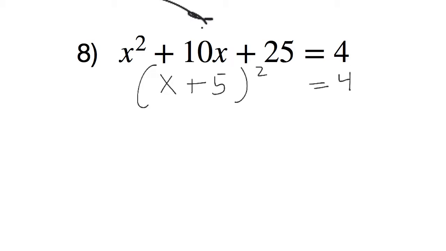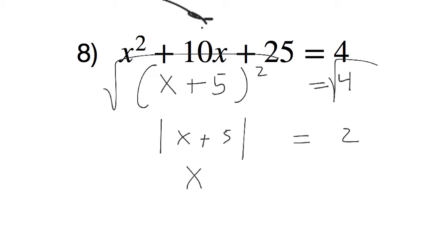equals 4. Taking the square root of both sides, you get x plus 5 equals the square root of 4, which is 2. So therefore x plus 5 could equal plus or minus 2.